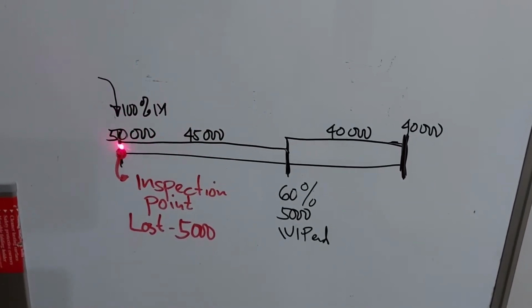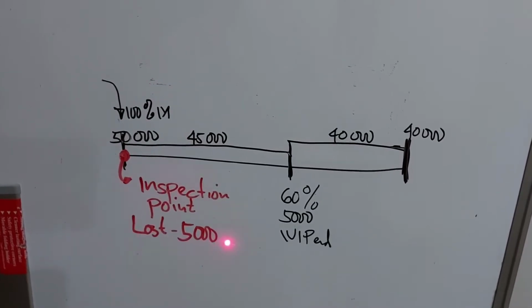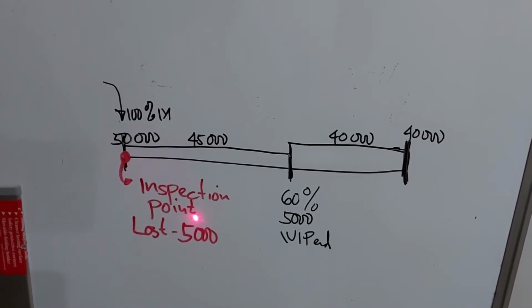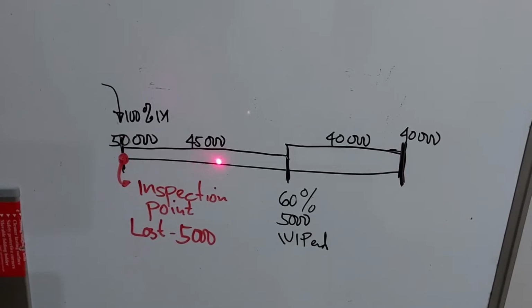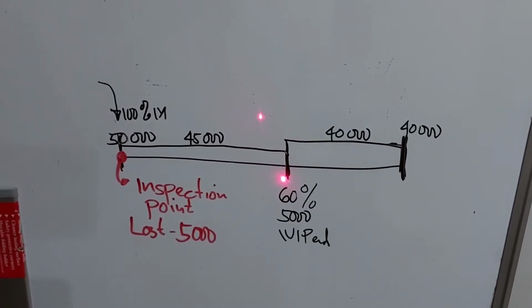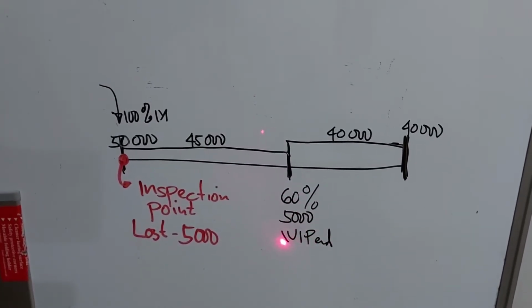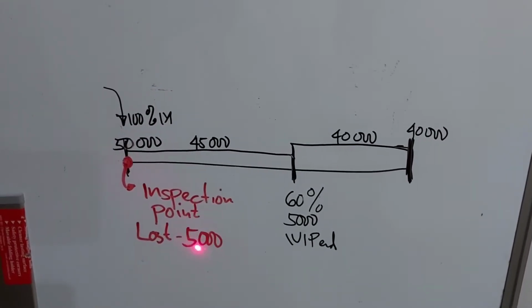So, from 50 nung umpisa, tapos nagkaroon ng inspection, nakita niya, mayroong loss units 5,000. Okay? So, ilan na lang yung nag-proceed? 45,000. Pagdating ng 60% ng process, sabi niya, yung 5,000 units hindi rin mako-complete. So, nasa work in process ending siya. But ito kasing 5,000 na to, hindi siya mako-complete kasi loss unit siya.